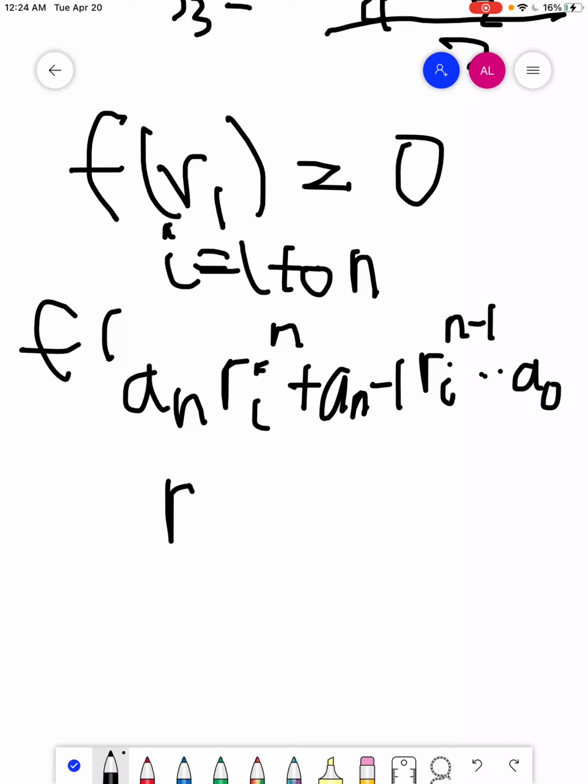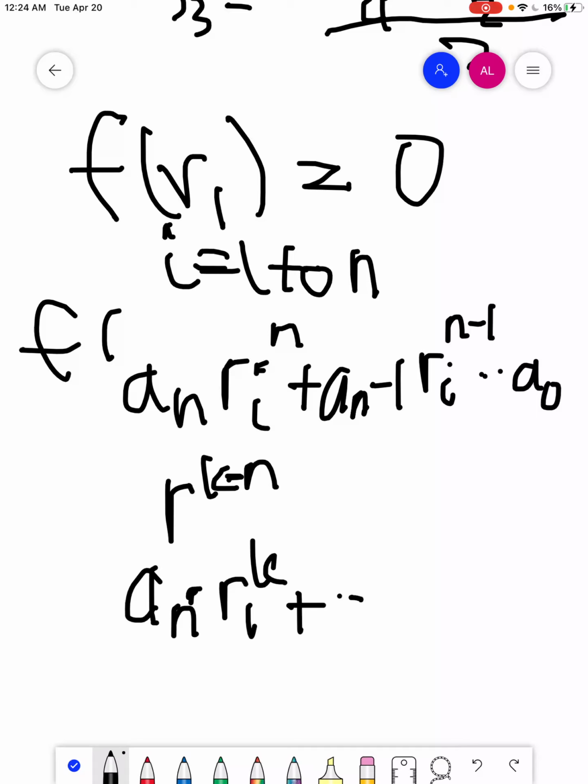Multiplying each of these by ri to the k minus n will give us an r1 to the k plus up to a0 r1 to the k minus n.